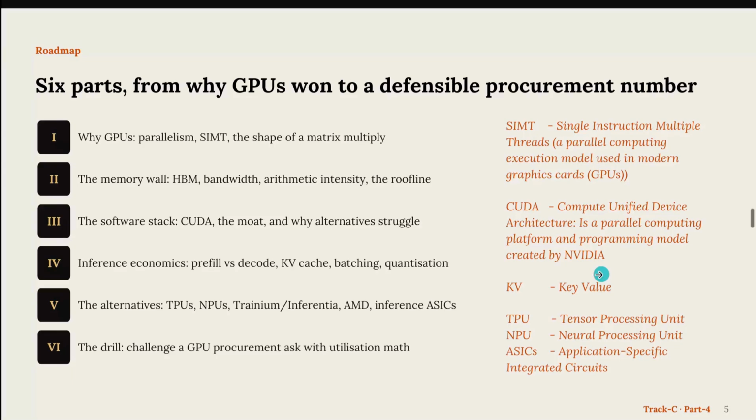It is primarily for parallel computing platforms, and we will read more about this. KV cache is all about key value cache. We looked at this in the previous parts across other tracks as well. TPU is tensor processing unit, NPU is neural processing unit, ASIC is application specific integrated circuits.